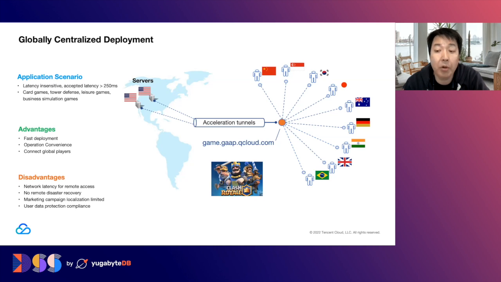There's also no remote disaster recovery for this type of deployment. The marketing campaign localization is limited, and there's also user data protection compliance issues around this. This is the first way of allowing for game deployment.